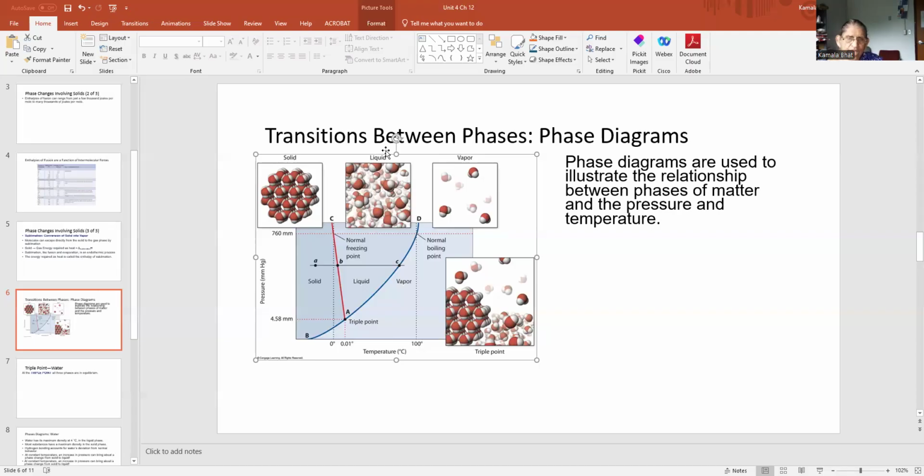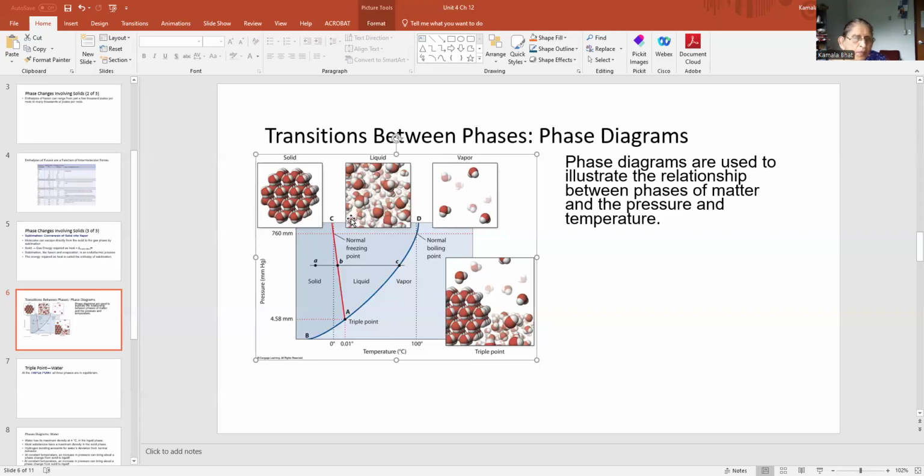And in the case of water, you see that the slope of the line is negative. And therefore, we find that as the pressure is raised, we can compress the water molecule and it will turn to a liquid.